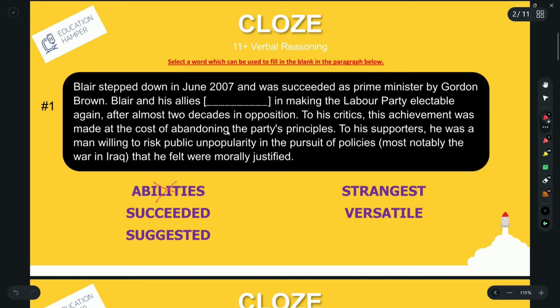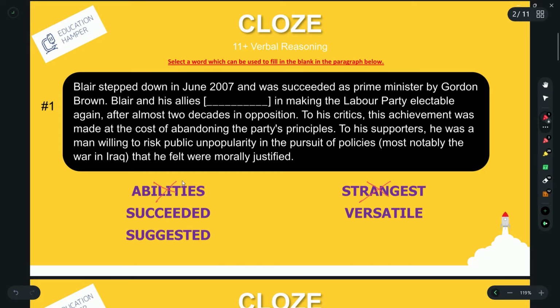Next word we can look at, strangest. Blair and his allies strangest in making the Labour Party electable. He's obviously done something to make the party electable again. It might have been strange, but putting allies and strangest together doesn't seem to make the best sense in this sentence. Blair and his allies succeeded in making the Labour Party electable.